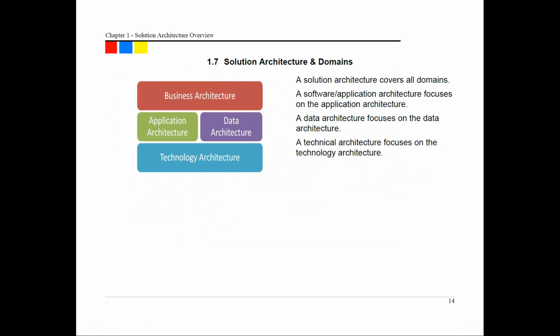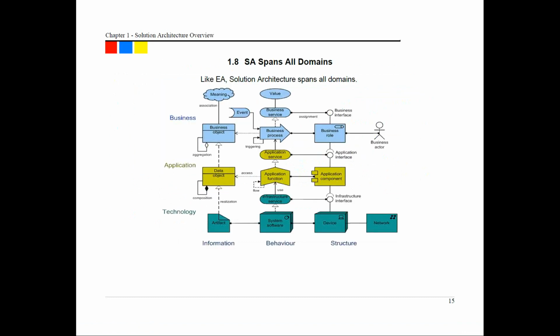You also note that the low end of these domains, the technology domains, are liable to be the same across all types of business, whereas business architecture is obviously specific to a business. So technology architecture is more commodity focused, and we're choosing technology that's out there that is appropriate to the applications and data that we need to work with.